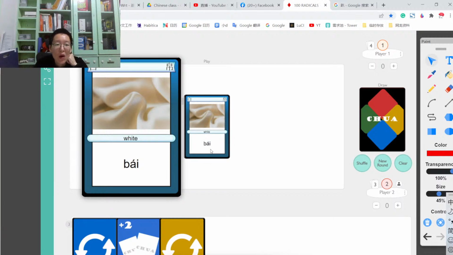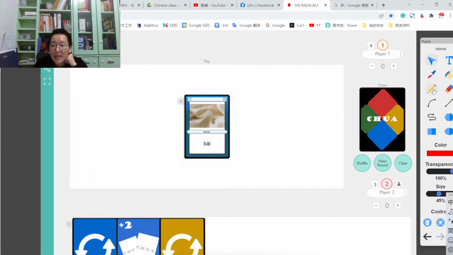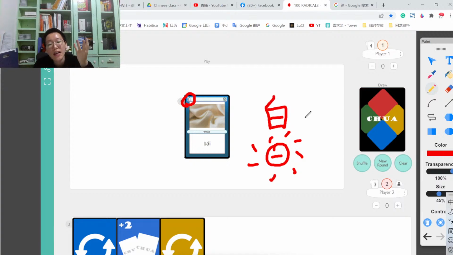Okay, and then I can play white. By this character, actually, this part on the bottom is a 日. That means the sun. The sun. 日. And then plus 撇 here. So the sunlight, when we see it, we feel it's white.